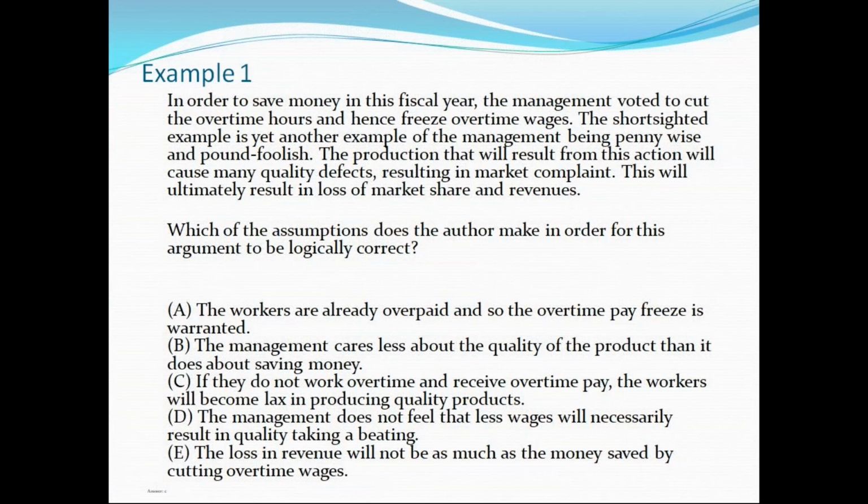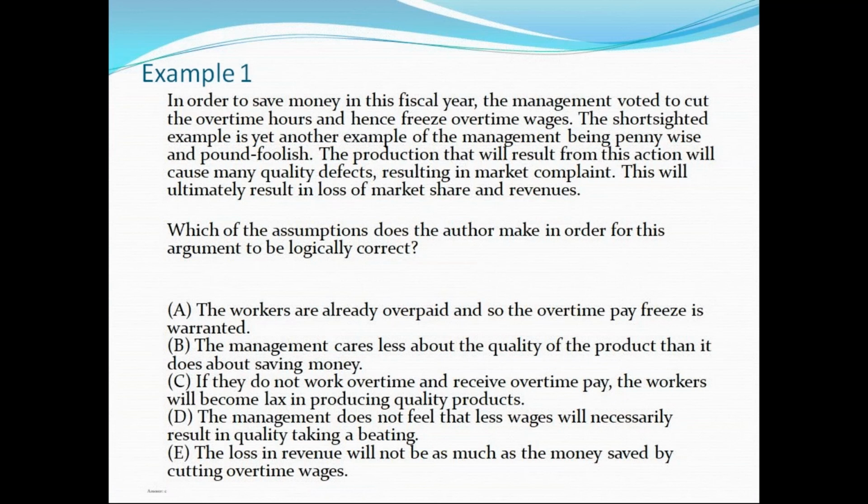Okay, but here I think it's assuming C, that if they do not work overtime and receive overtime pay, the workers will become lax, meaning lazy, in producing quality products. So it would be C in this case. The short-sighted example is yet another example of the management being penny-wise and pound-foolish. The production that will result from this action will cause many quality defects.